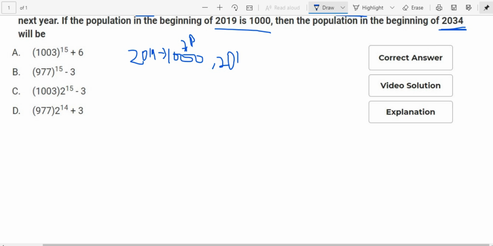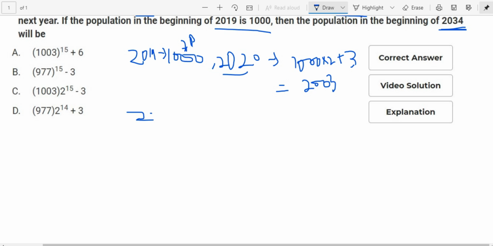Now in the next year, that is in 2020, what will it be? Whatever it is, here it is 1000, it is going to be double plus 3. So it will become 2003 in the year 2020.